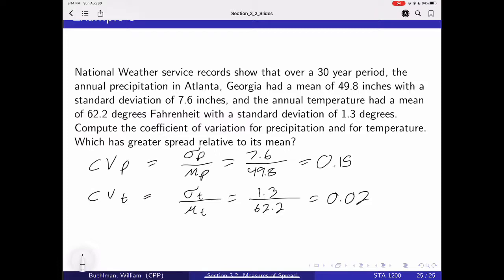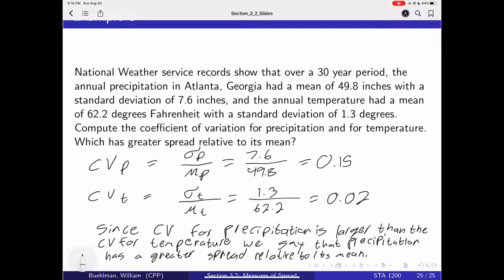So I'm just going to write that down. So down here at the bottom, you can just see that I wrote down what I said in words. Since the coefficient of variation for precipitation is larger than the coefficient of variation for temperature, we say that the precipitation has a greater spread relative to its mean. So that's what coefficient of variation is used for, just as a measure of spread.